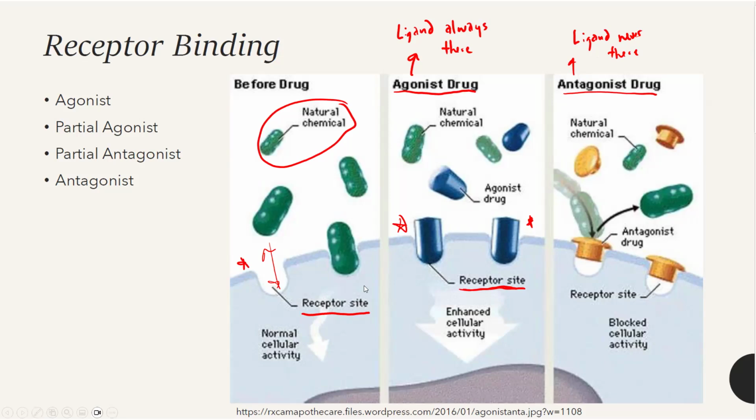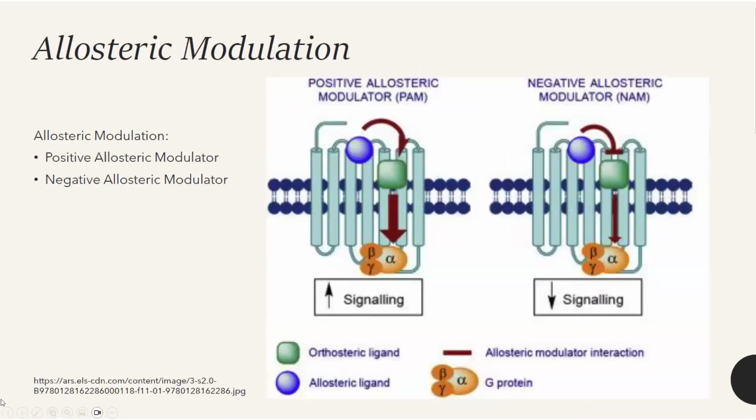Those are big variables when it comes to a receptor binding to a ligand. Now, we also have this phenomenon known as allosteric modulation. Allosteric modulation has basically two different results. There's a positive allosteric modulator, and then there's a negative allosteric modulator.